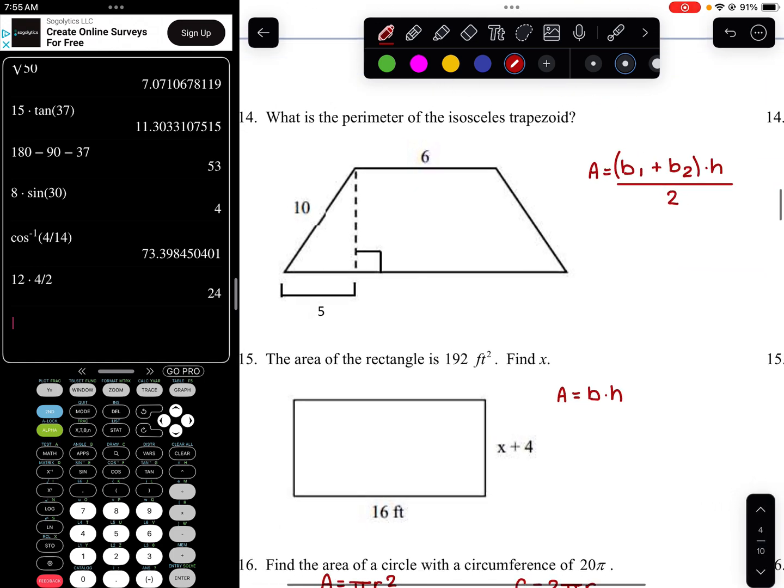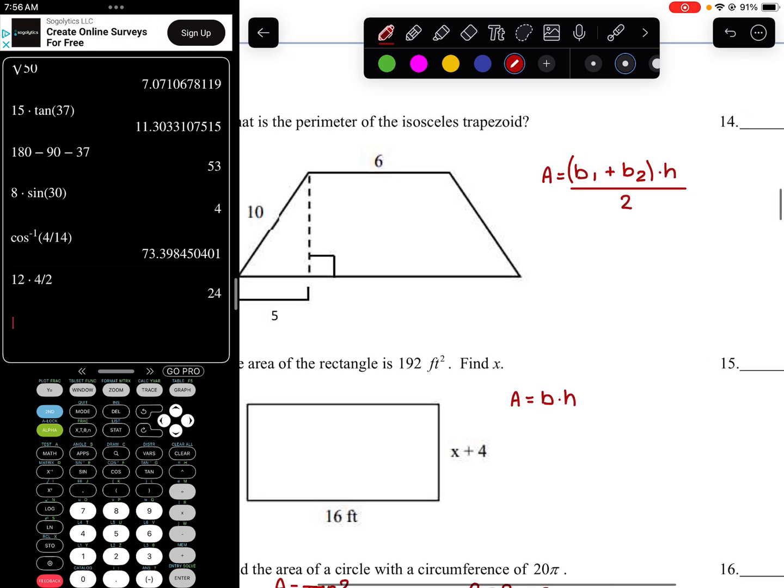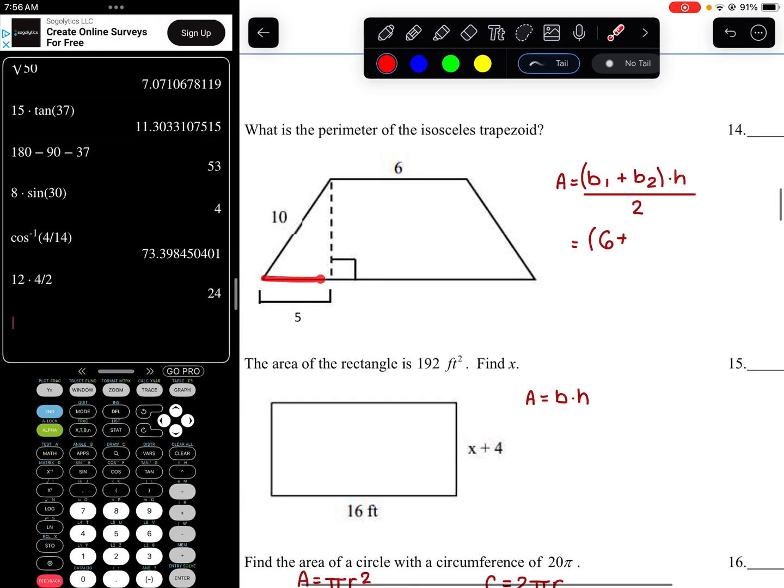We are looking at a trapezoid where you have b1 plus b2 because you have 2 bases. One of your bases we know to be 6. But we don't know the entire length of the bottom base. I'm going to go ahead and redraw this dotted line on the right side. This top chunk that is 6 matches to this bottom chunk, which is also 6.